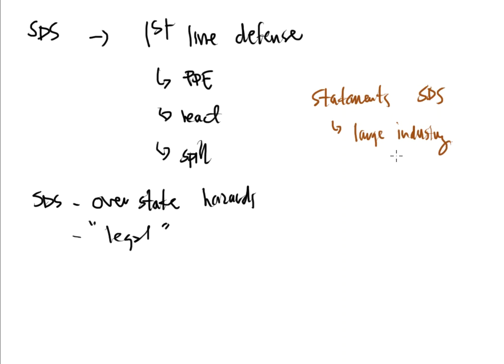So we're not talking about a couple of milliliters in a laboratory. We're talking about gallons and liters and vats of this chemical in an industrial setting or an industrial lab, where something could happen to it. It could be mishandled. It could go under some type of reaction. But that's really the intention. It's large industry scale, not laboratory scale most of the time.